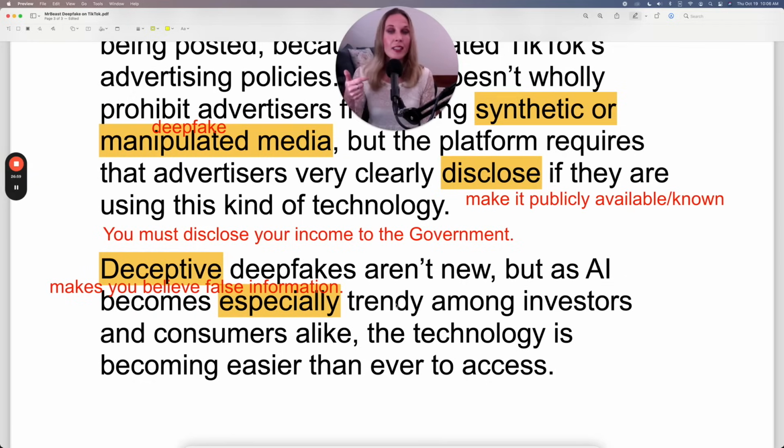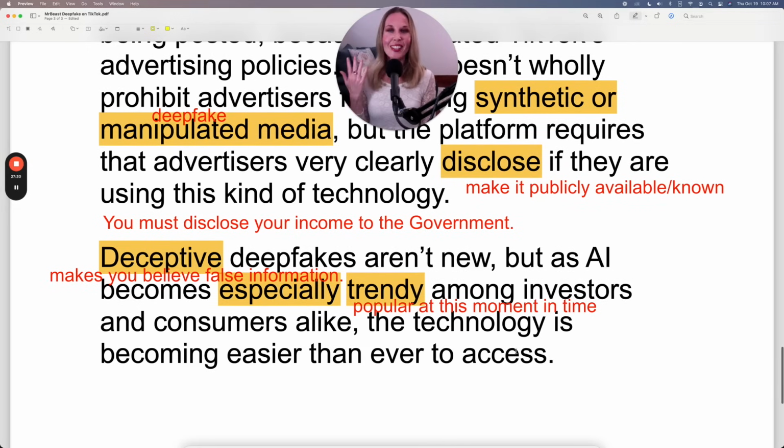So the fact that it's trendy is another word for popular, but it means popular at this moment in time. So AI is trendy among many people, but especially more so for investors and consumers. And now you know how this fraudulent, deceptive deepfake of MrBeast ended up on TikTok.